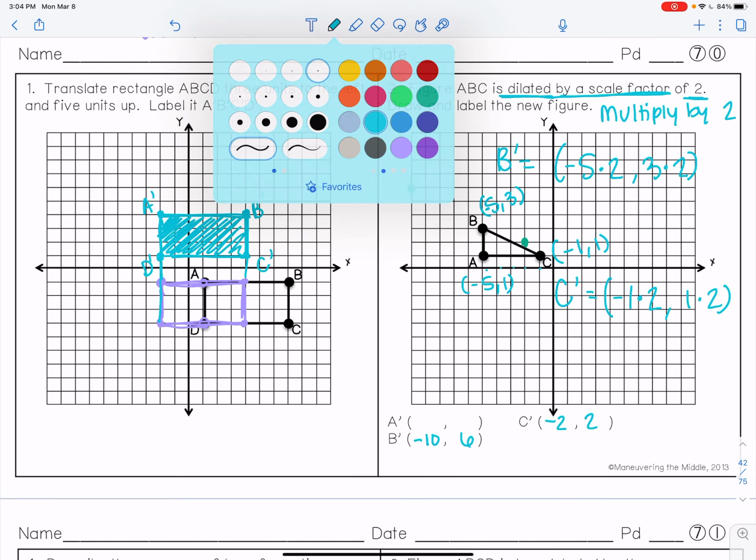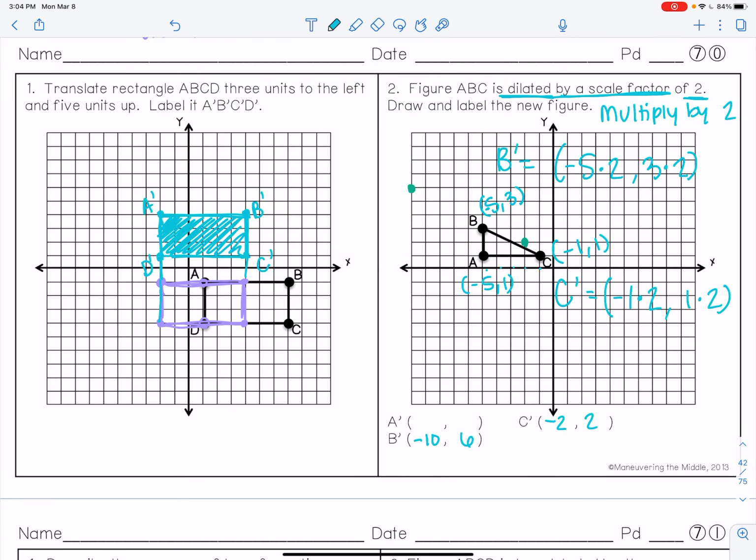And then finally we have our A prime, which needs to be -5 times 2, 1 times 2. That'll be -10, 2. -10, 2. All right, and we've got our new triangle. And it said to make sure you draw and label your new figure.